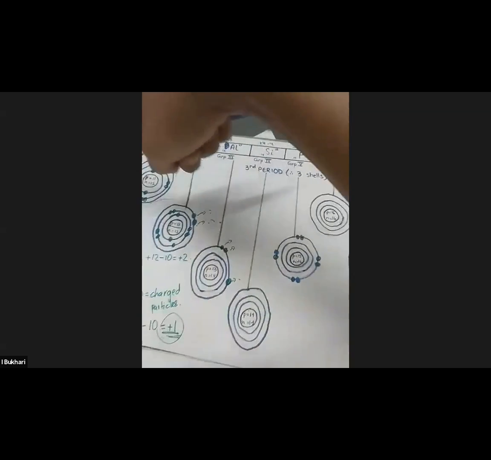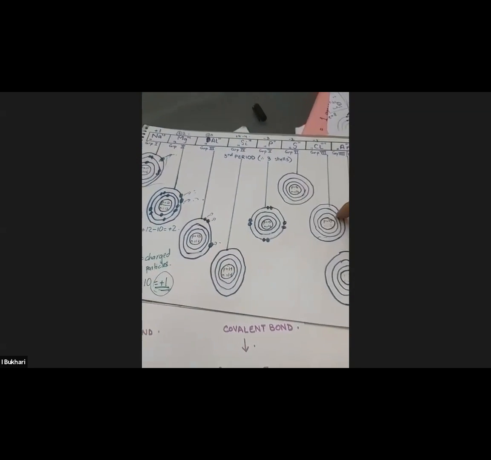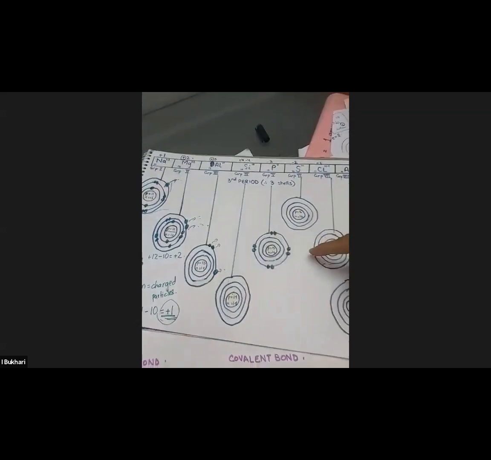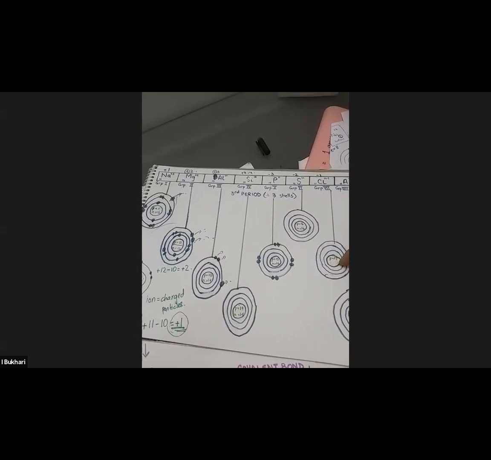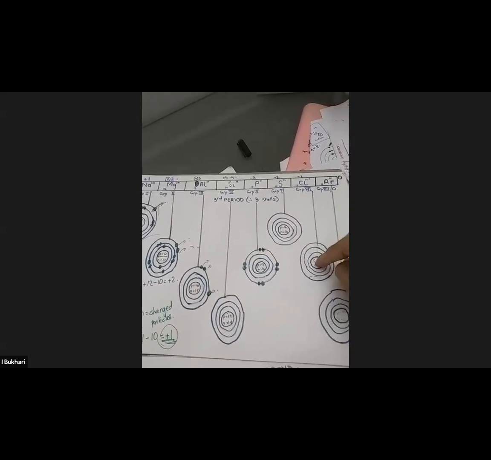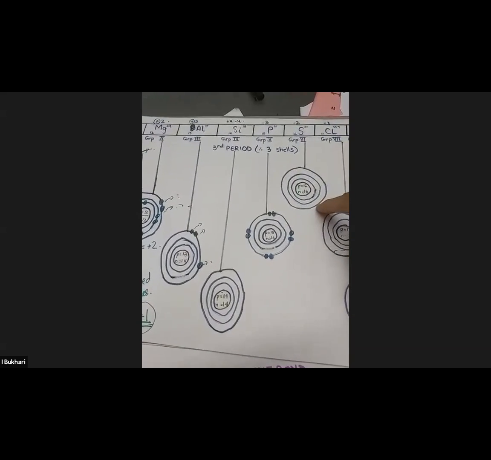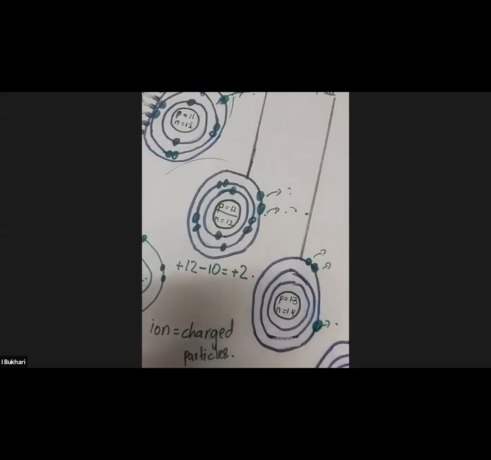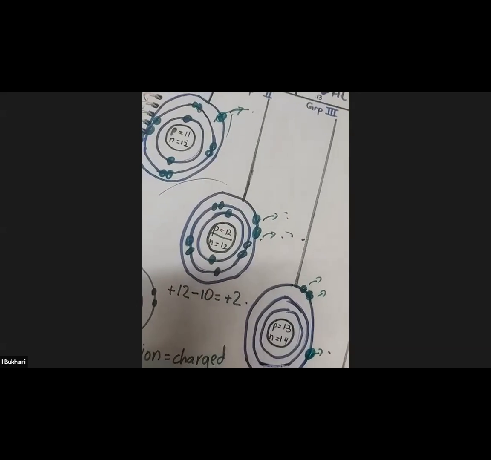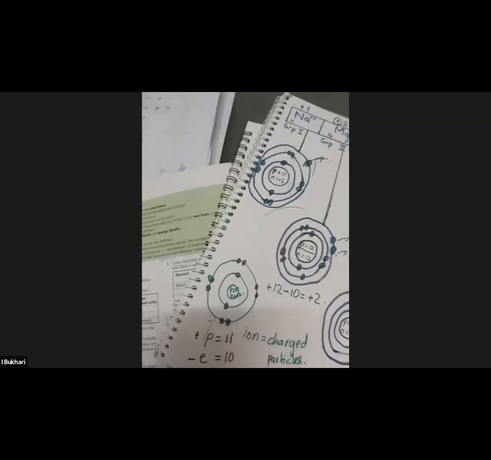You can sit down, draw these atomic structures, and see how they are gaining and losing electrons to get their outermost shell stable. Then you will understand how they make these ions, okay? After you have understood this, then let's move on.